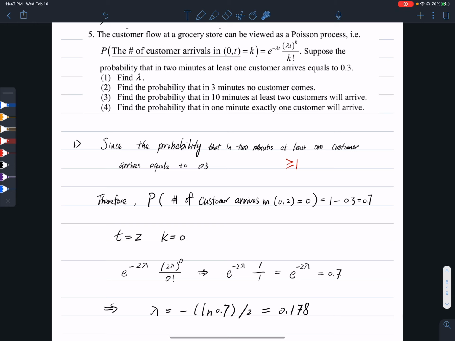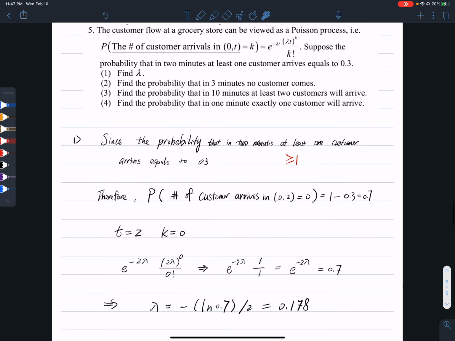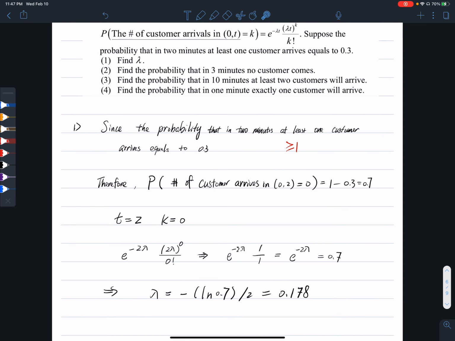We get in 2 minutes there's no customer arriving. So basically, the probability of customer arrivals in 0 to 2 equal to 0 is 1 minus 0.3 equal to 0.7.